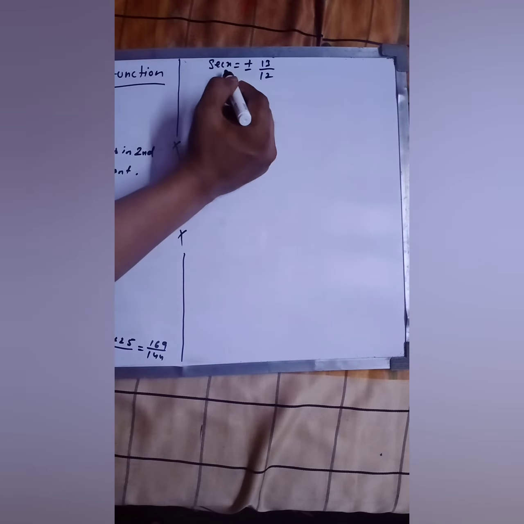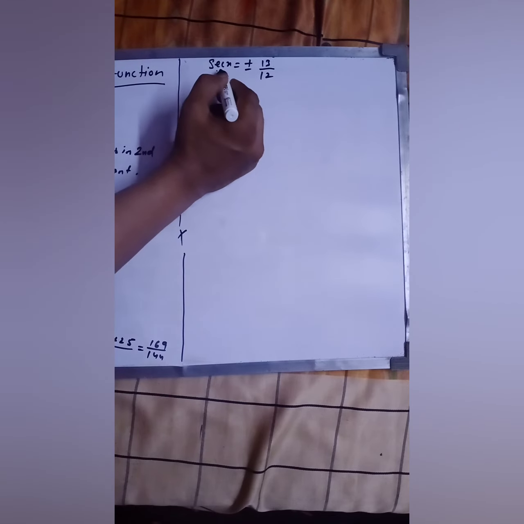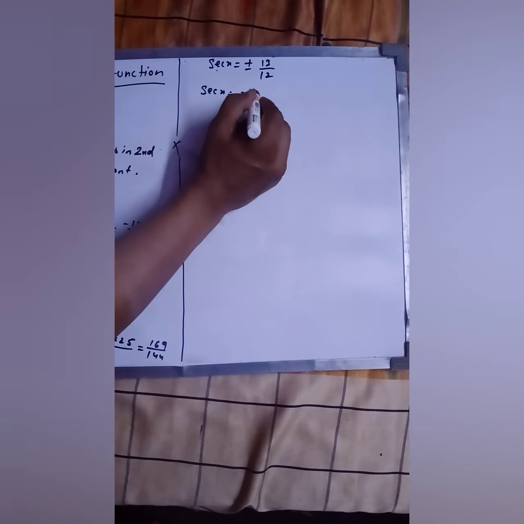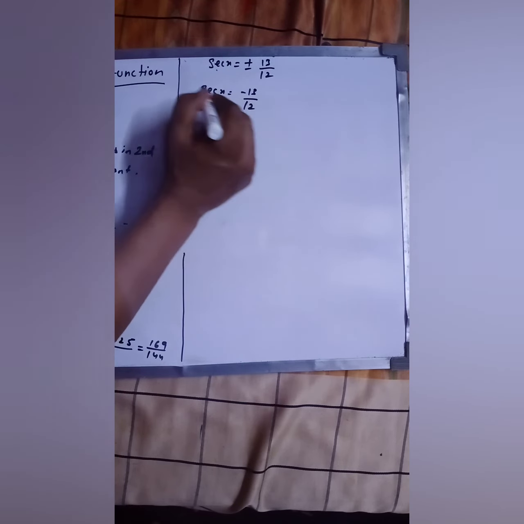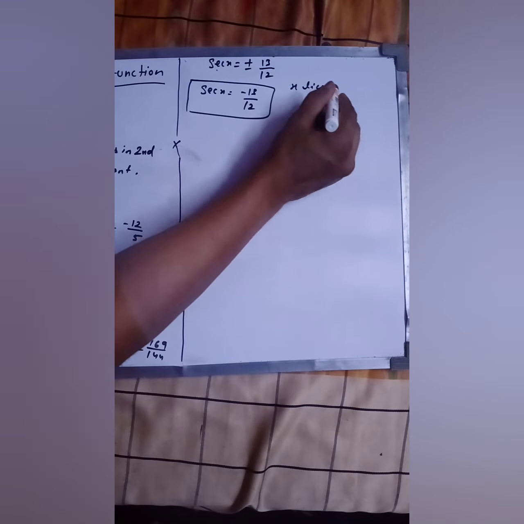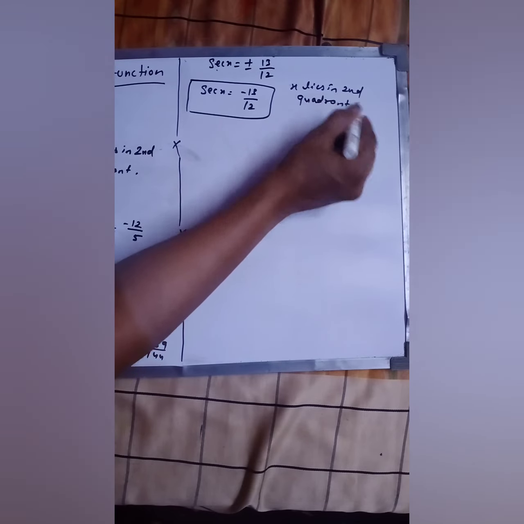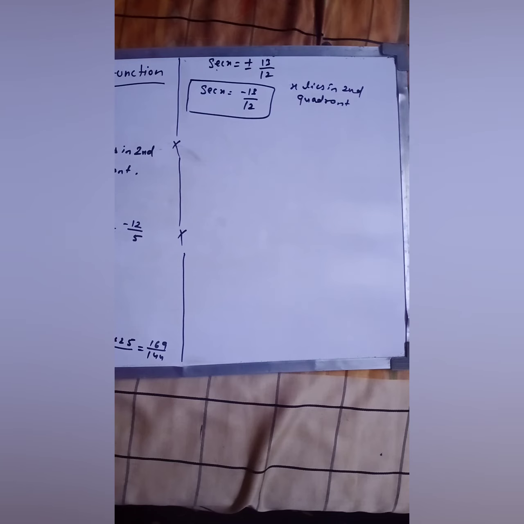So now you have to check that x lies in second quadrant. Here you have two values for sec x, plus 13 by 12 or negative 13 by 12. It is given that x lies in second quadrant. As you know that the value of sec is negative in second quadrant, so you will take only the negative value. So the value of sec x is this one. You will write x lies in second quadrant. This is the reason.